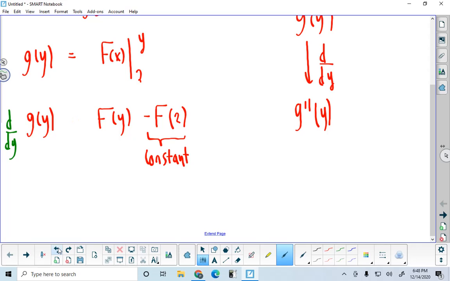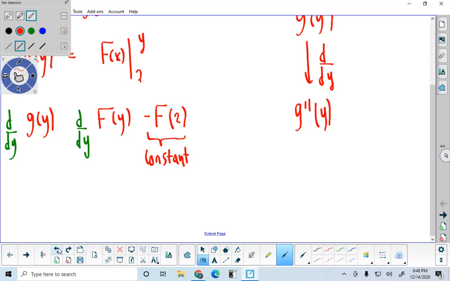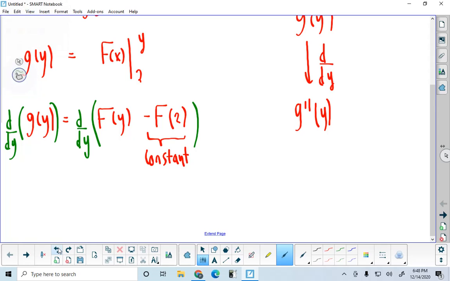And I'm going to differentiate this with respect to y. I really want to highlight that there's an independent variable here that we are differentiating both sides with respect to. So I'm taking the first derivative of g of y to get g prime of y. I'm taking the same first derivative of the right-hand side.